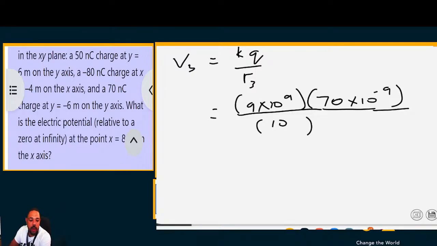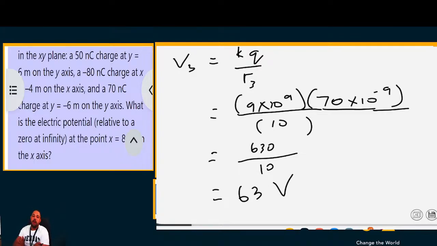That's 9 times 7, divided by 10. I'm going to check. 9 times 7, that's 63. Yes. So the 630 on top, divided by 10, of course gives you 63 volts.